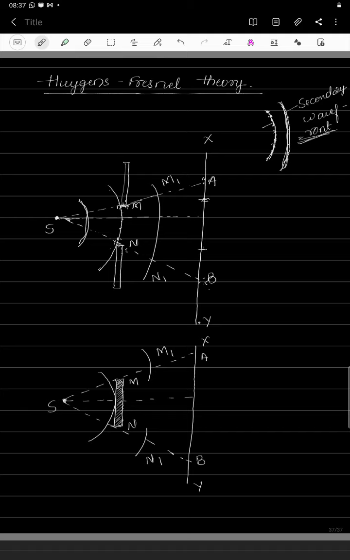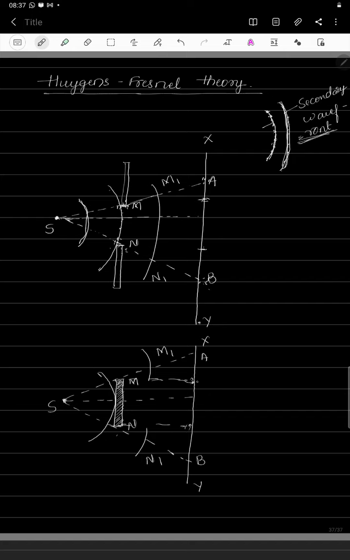Similarly, come to the second diagram. In the first case I considered the opening; in the second case there is an obstacle. Consider Mn as the primary wavefront, and it hits this obstacle. In the second case the size of the obstacle is a little bit bigger, so on the screen XY this much should be the shadow.